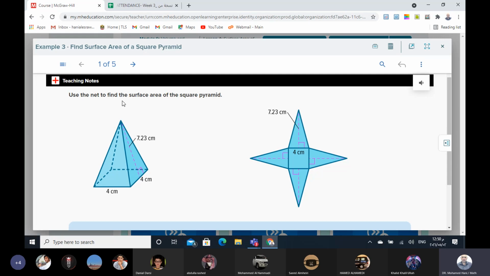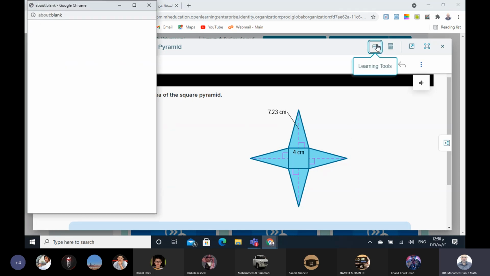Use the net to find the surface area of the square pyramid. We have here the square pyramid, and this is the net of the square pyramid, and we want to find the surface area. Listen to me, please.